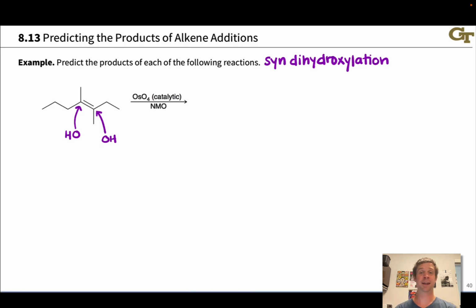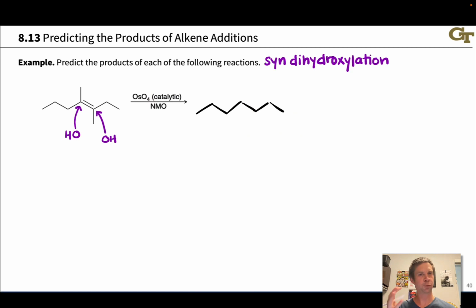But here we have a big syn versus anti issue, and we want to make sure to respect the stereochemistry here, since we're going to be generating some new stereocenters once we add those OH groups. So we can start just by drawing the backbone here without those carbons that bear the hydroxyl groups, and it's key, because this reaction is syn, to add those hydroxyl groups to the same side of the alkene carbons, which are here and here.